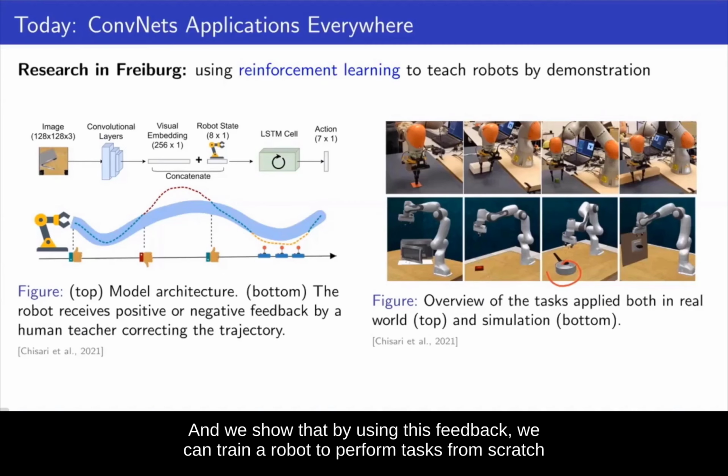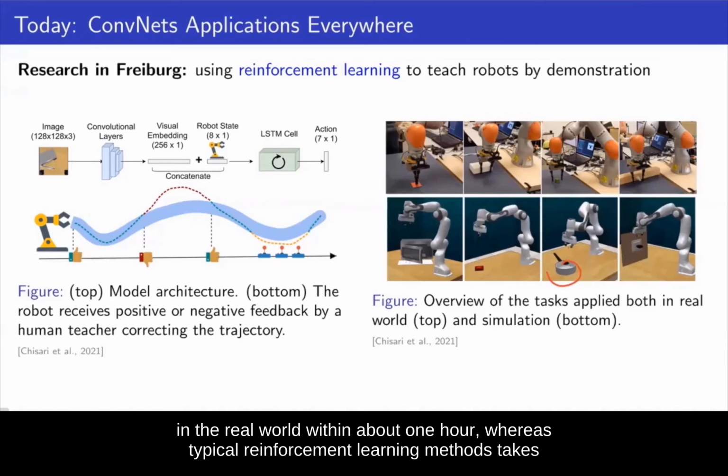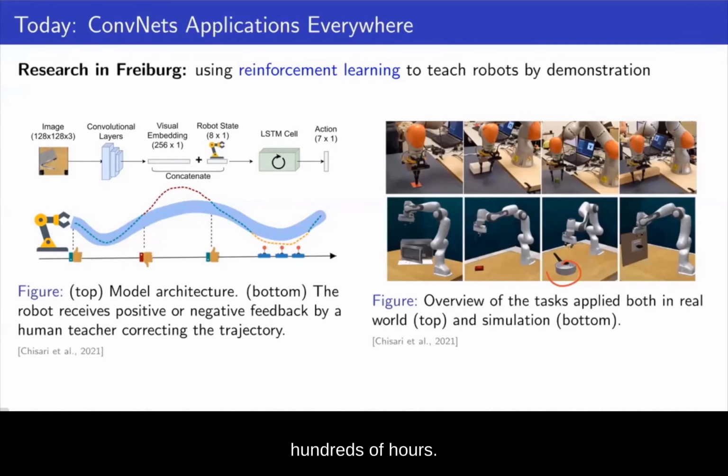And we show that by using this feedback, we can train a robot to perform tasks from scratch in the real world within about 1 hour, whereas typical reinforcement learning methods take hundreds of hours.